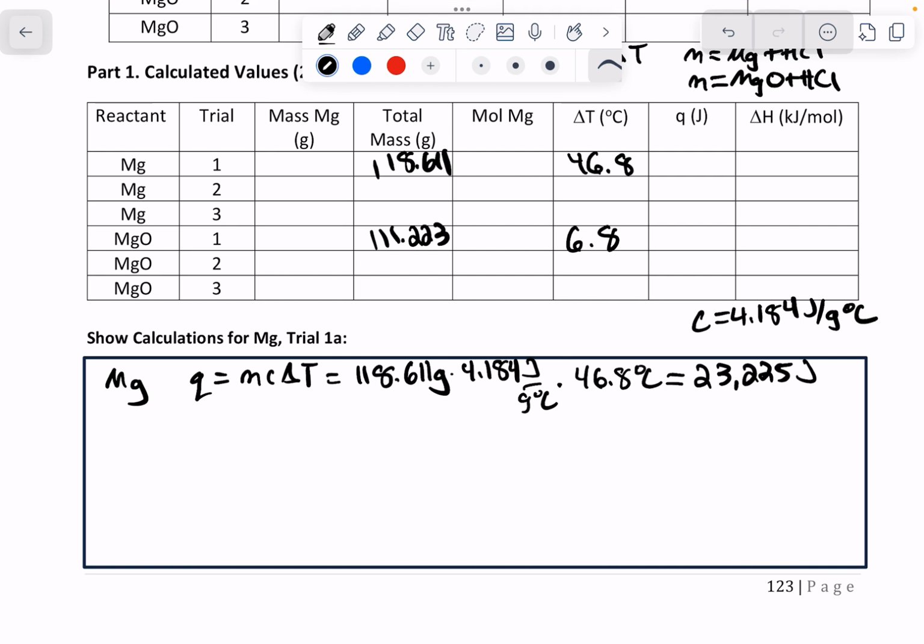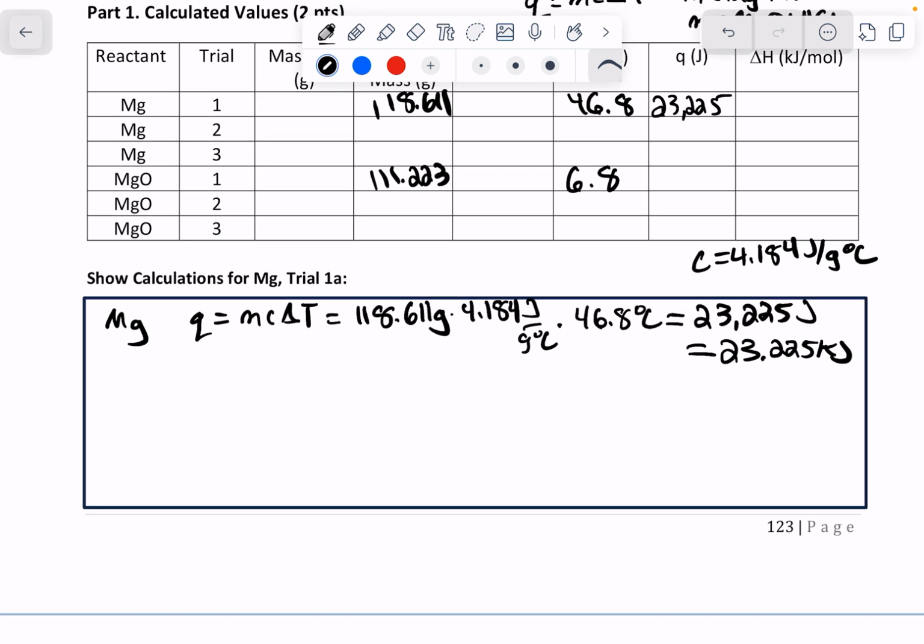And I'm going to convert that just to make my life easier, 23.225 kilojoules. Okay, and then I'm going to leave a little bit of space for the MgO.